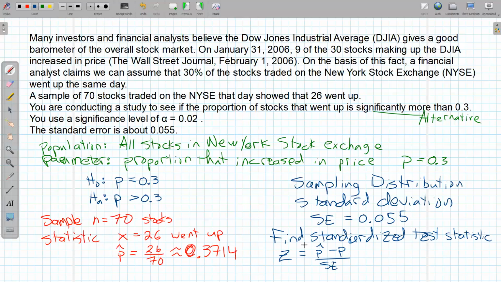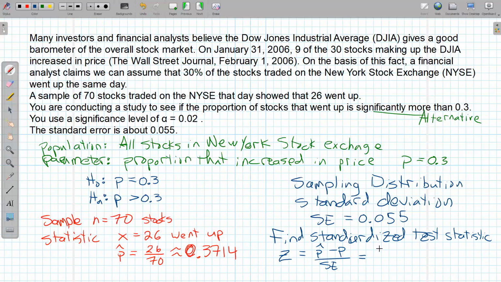That's the sample minus the population divided by the standard error. So those 3 different distributions have to combine together for us to do this inference.